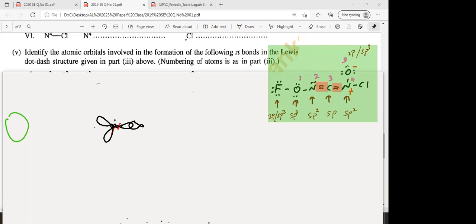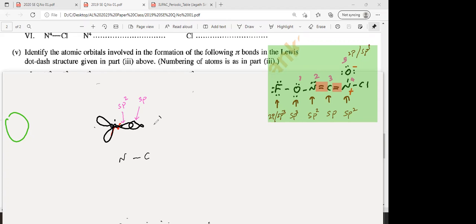If you can, make a small sketch of this. This is sp2 and this is sp. sp2 and sp linear overlapping forms a nitrogen-carbon sigma bond.